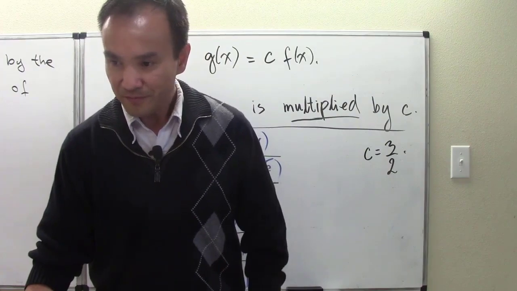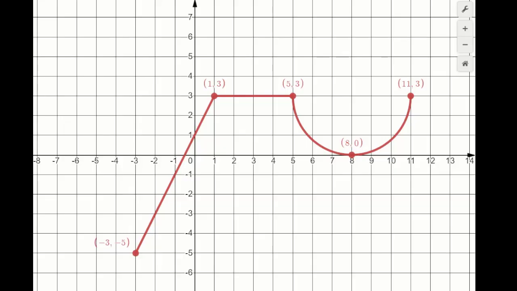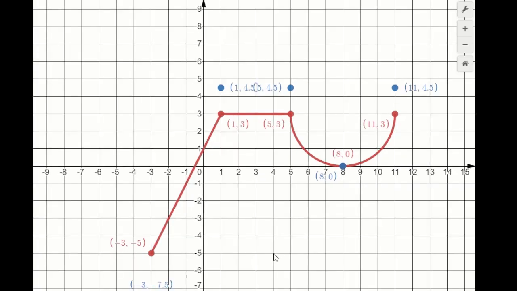So on my actual graph now in full screen view right here, these are the guiding points. That point corresponds with this, that point corresponds with this, but wait a minute, some point is missing.